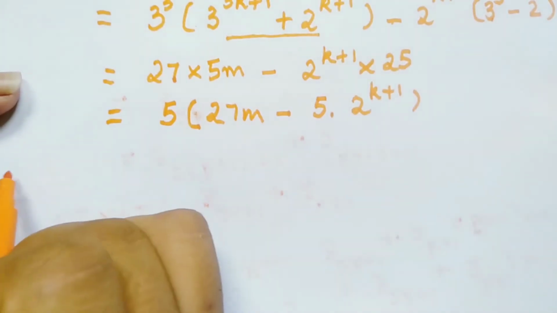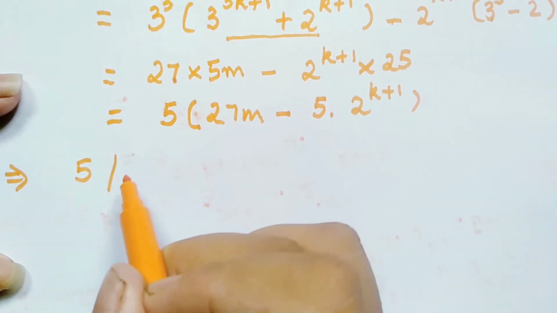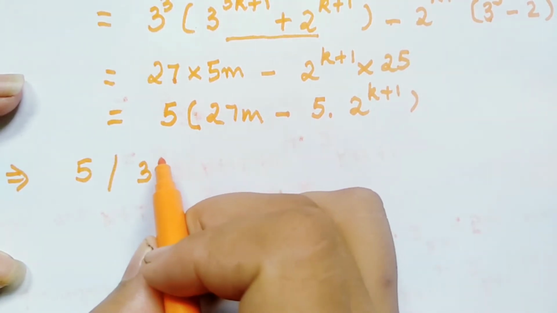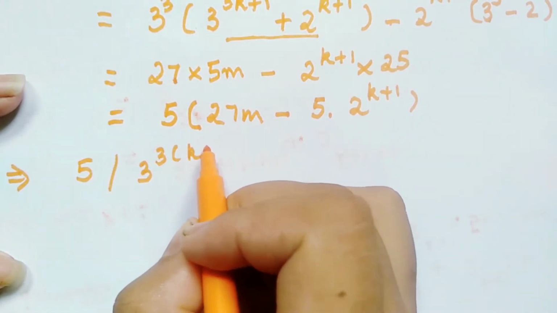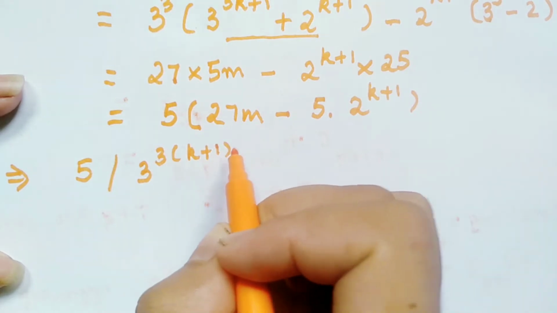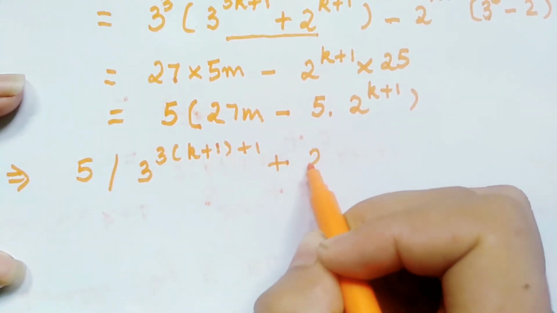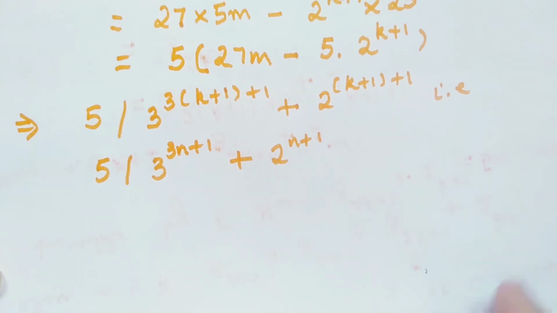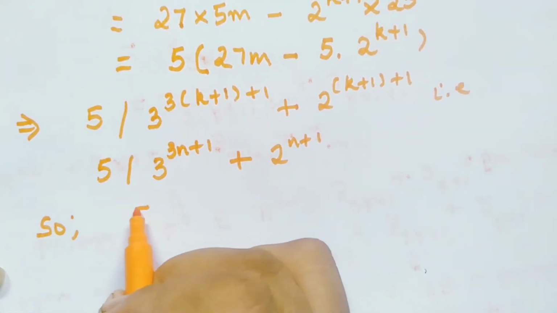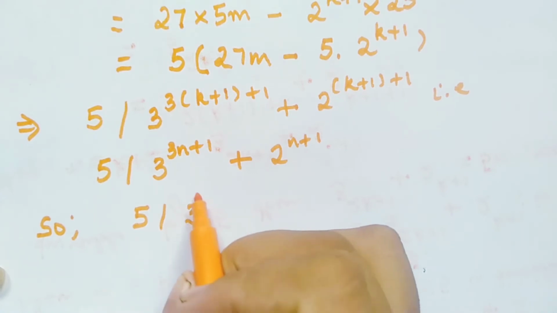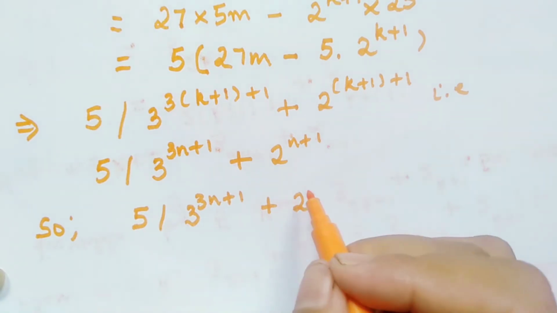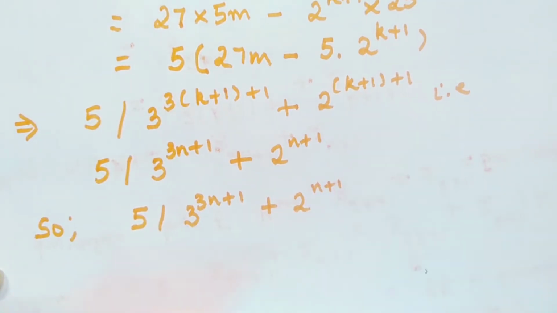From here we conclude that since it is a multiple of 5, 5 divides 3^(3(k+1)+1) + 2^((k+1)+1). So using mathematical induction we conclude that 5 divides 3^(3n+1) + 2^(n+1).